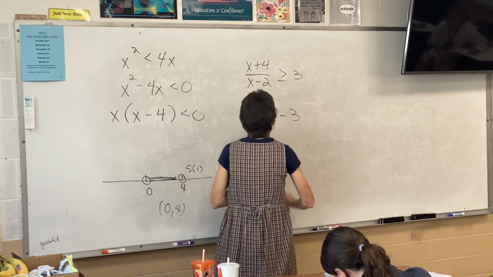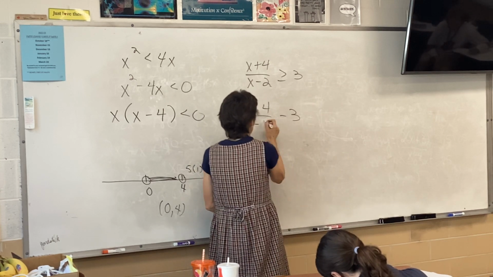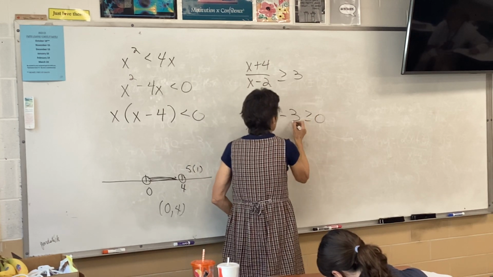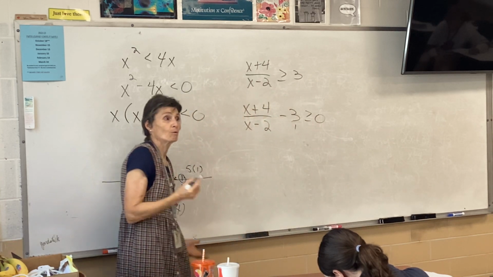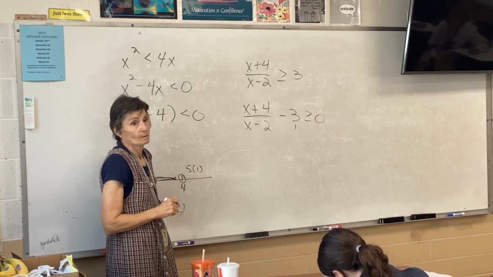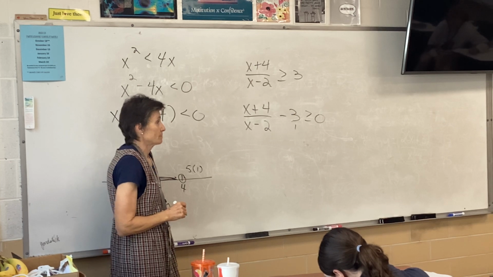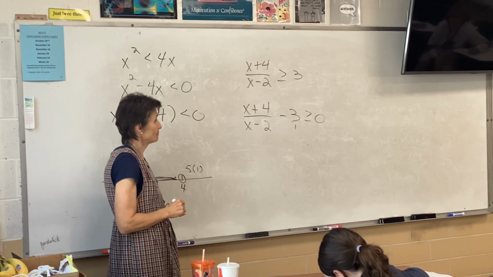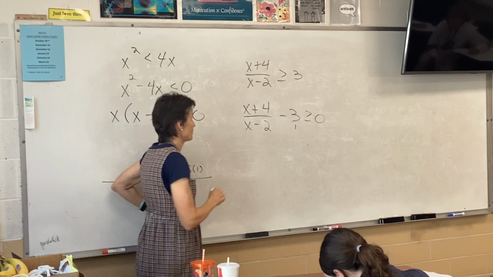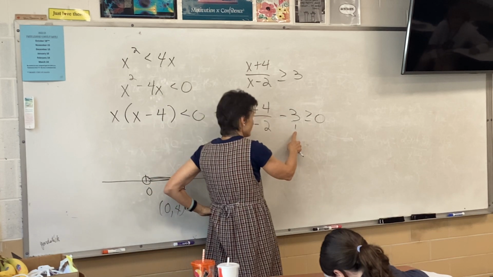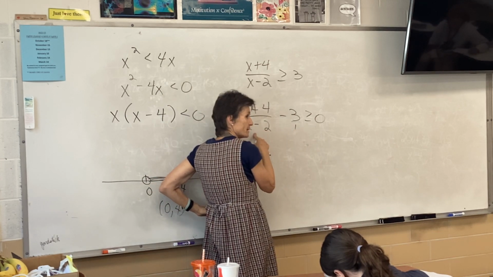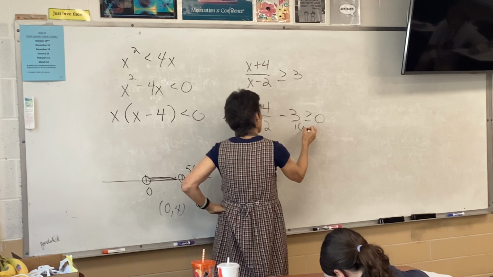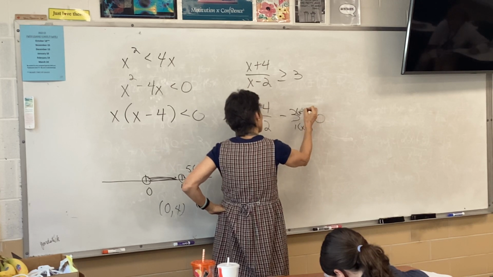Oops, that's a 2. And that 3 is really a 3 over 1. Okay, what do I do now? Common denominator, and since that's just a 1, this is gonna be the common denominator. So x minus 2 here and here, perfect.